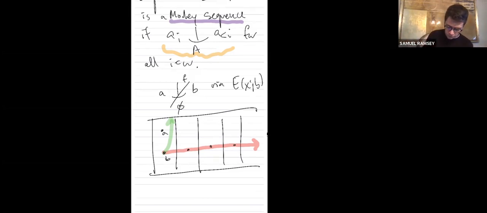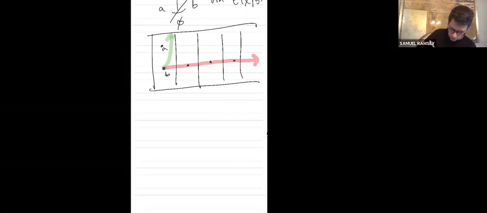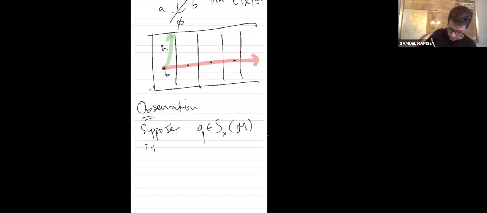So here is an observation that I want to make. This is not related to the proof, but it's worth noting. So suppose Q in SXM is a global A-invariant type.